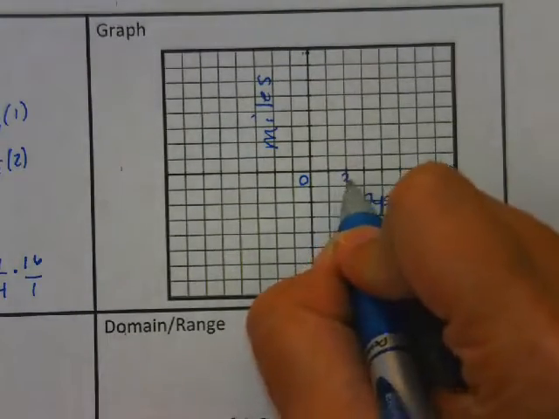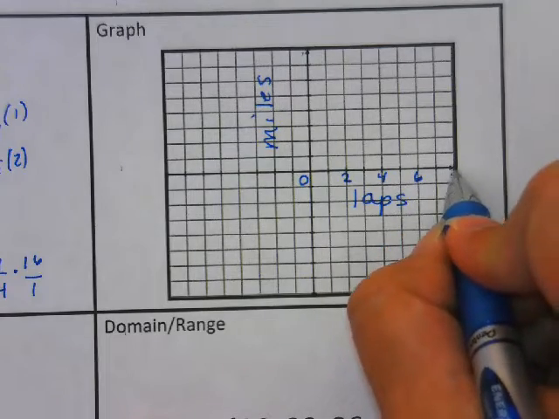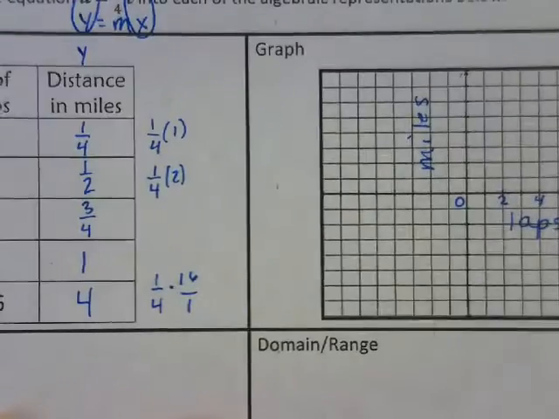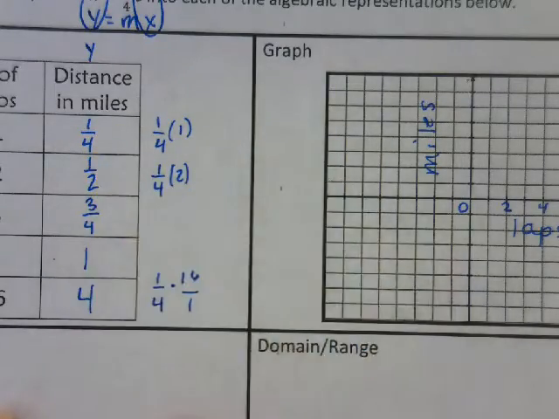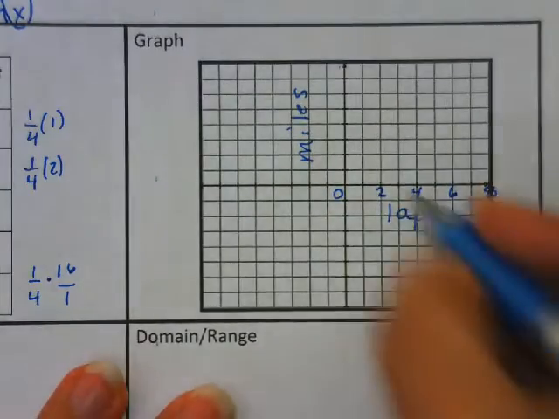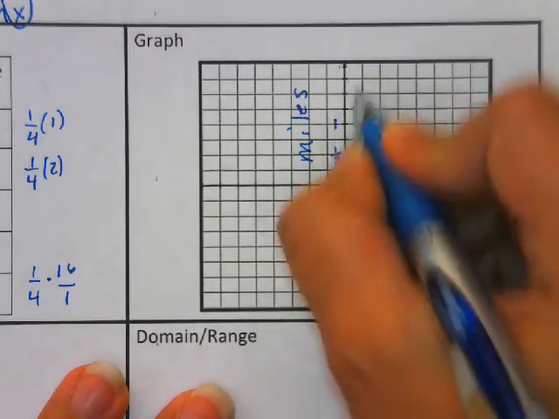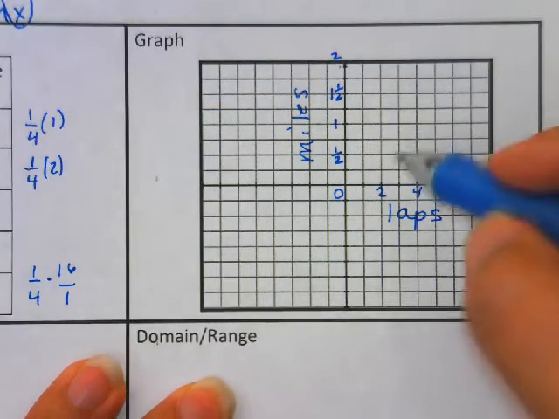I'm going to label every other one because it's kind of small, and that way we aren't squished. But our scale on our dependent variable, I don't think ones is going to work. Probably by 1/4 would be a better value. And again, I'm going to label every other one, 1/2, 1, 1 and 1/2, 2. And now we can graph it.